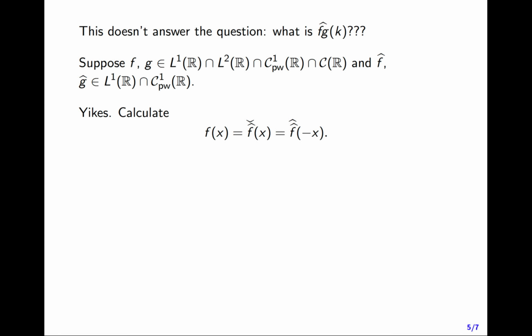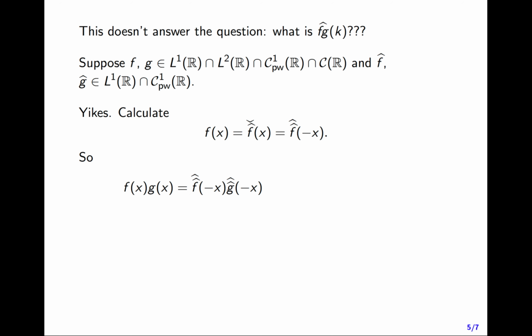And we also know that I can switch the hats around and put a minus sign. F check hat of f at x is really f hat hat at minus x. So f is in L1, that means f hat is defined. And I'm assuming that f hat is in L1 too, so f hat hat is also defined. And of course the same holds for g.